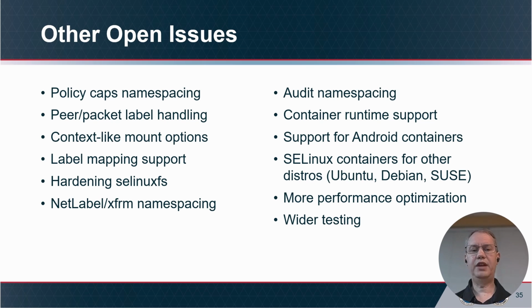Others deal with limitations of the current implementation, like the inability currently to fully namespace the network labeling capability, or namespacing of audit. Still others are more focused on validation, since we haven't yet actually tried to boot an Android container or an Ubuntu or Debian with SELinux enabled container using the support.